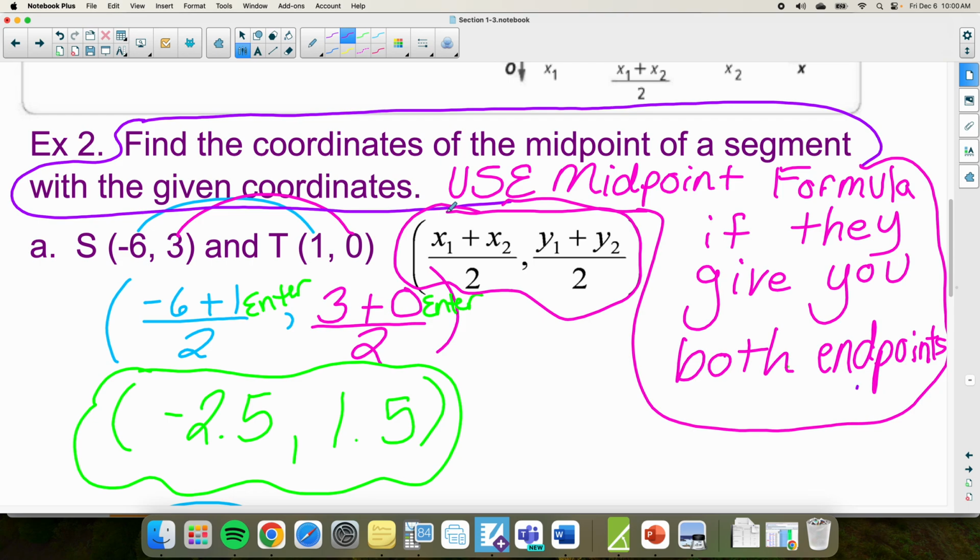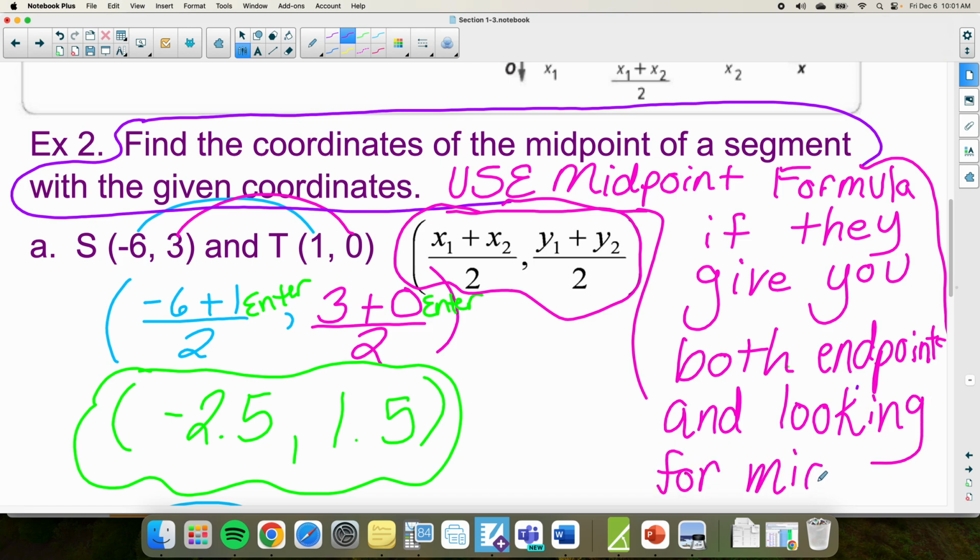So when they give you the 2 endpoints and we're looking for the midpoint, we use the midpoint formula.